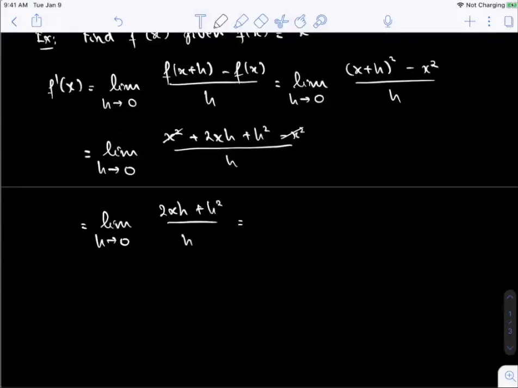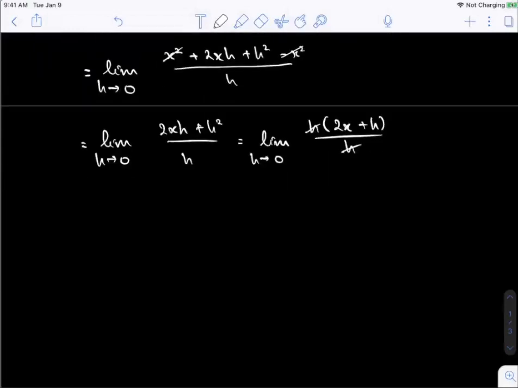With h as the common factor in the numerator, you have the limit as h approaches 0 of h times (2x plus h) divided by h. You make the cancellation here. When you let h approach 0, you have 2x for the answer.